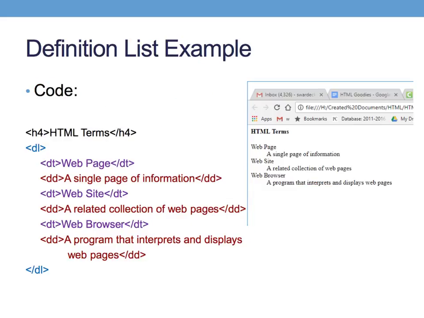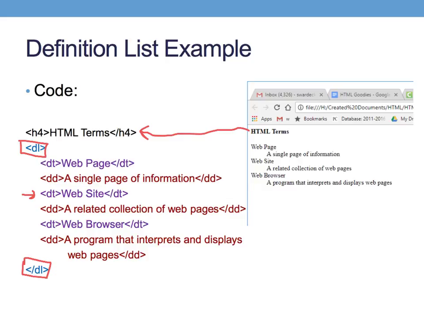All right, so here I tried to color code as best as I could to help you to see what's going on here. So first you'll see that I have a heading of size 4 saying HTML terms, and then here I can see the start of my definition list and the end of my definition list. So notice that everything kind of gets indented in to say this is inside of my definition list.